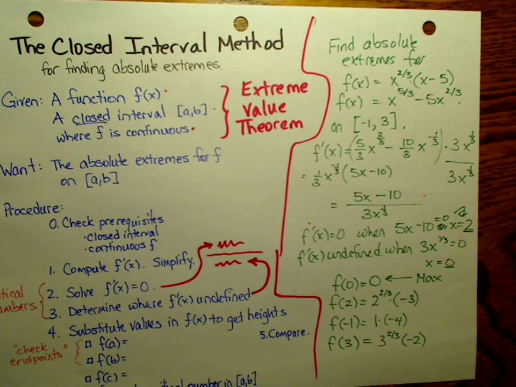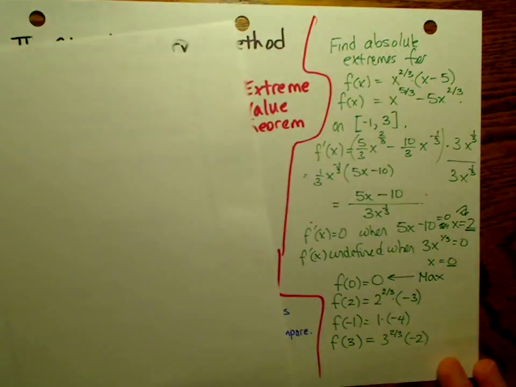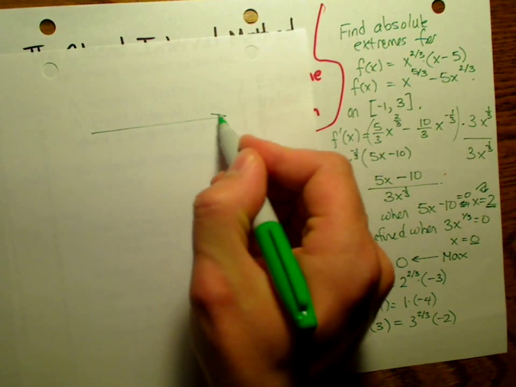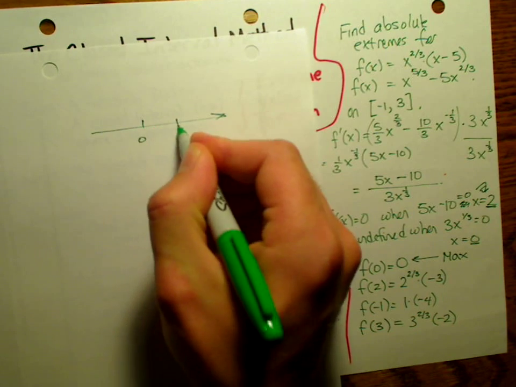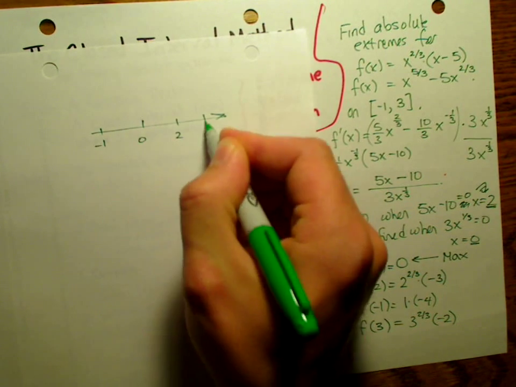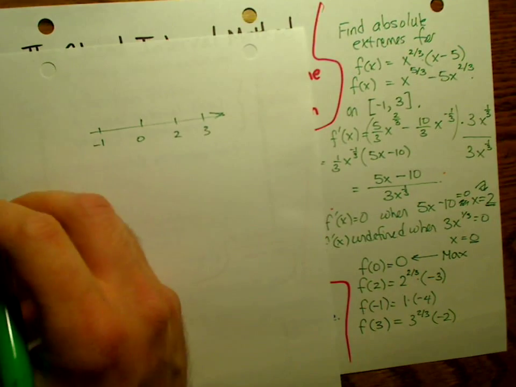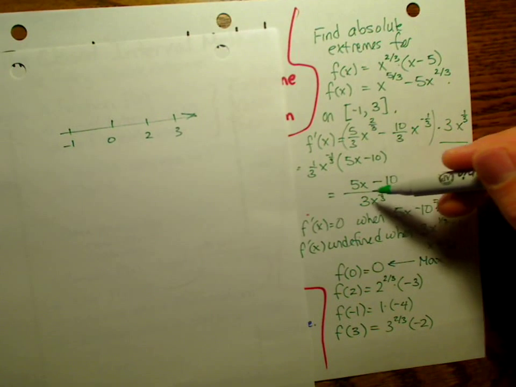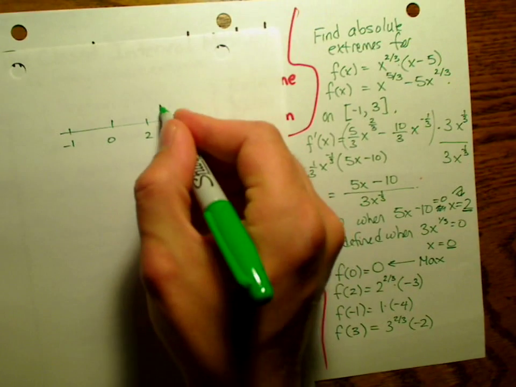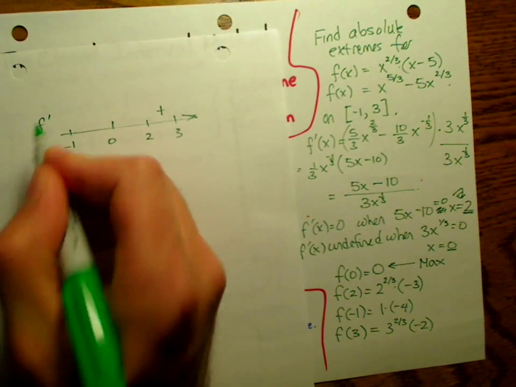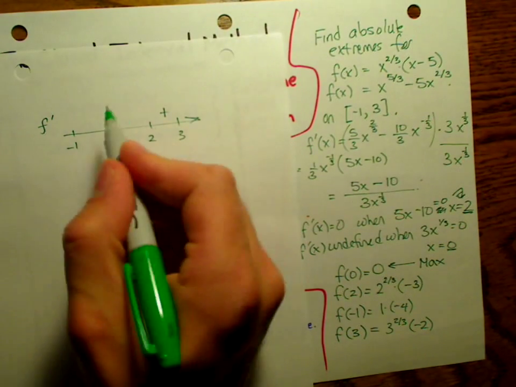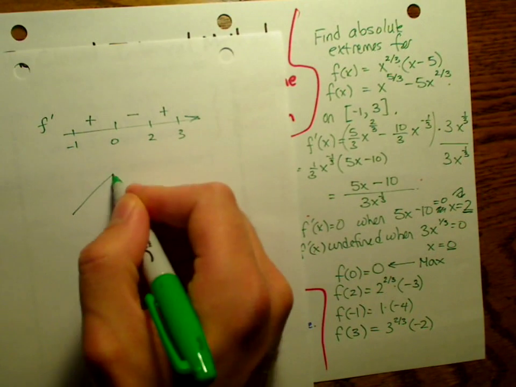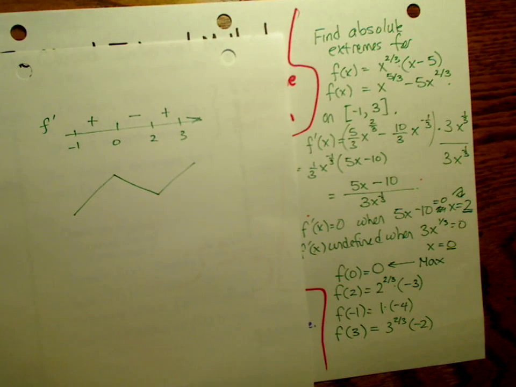There are a few other techniques. For example, you could do the increasing and decreasing at this point. Looking at f prime, to the right of 2 it's going to be positive, to the left of 2 it will be negative, and then it switches to positive again, so we have an up, down, up situation.